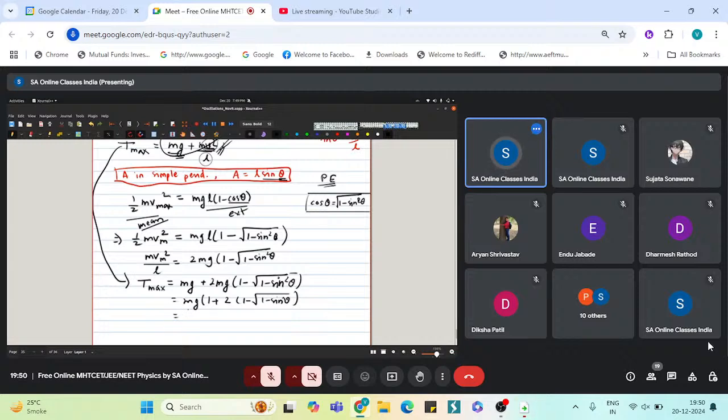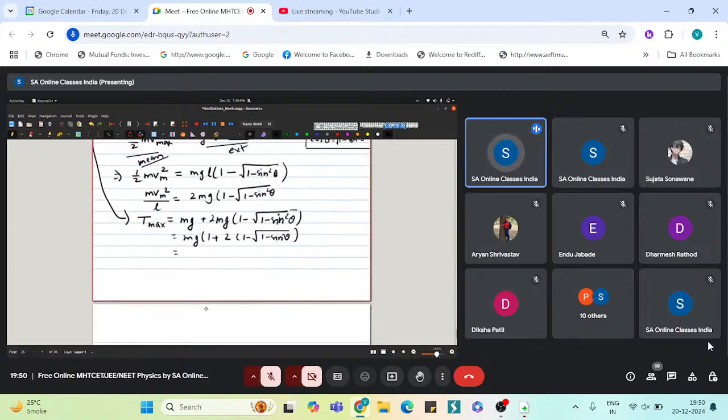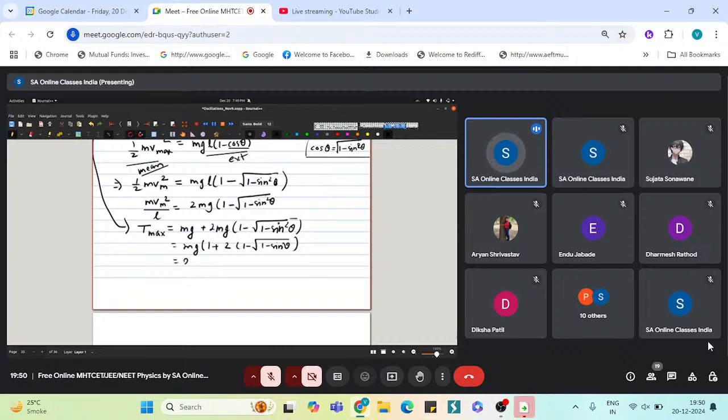The mass they have given is 250 gram, which we can directly convert to kilogram, which is 0.25, into g is 10, into 1 plus this. If you open this bracket, this will just be 2, so 1 plus 2 is just 3, minus 2 into root of 1 minus sine square theta.